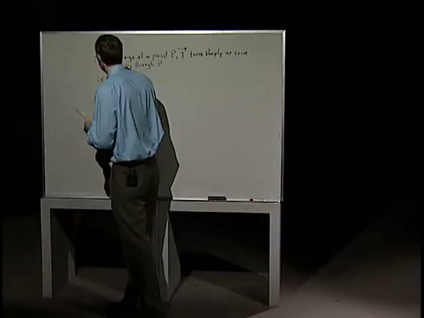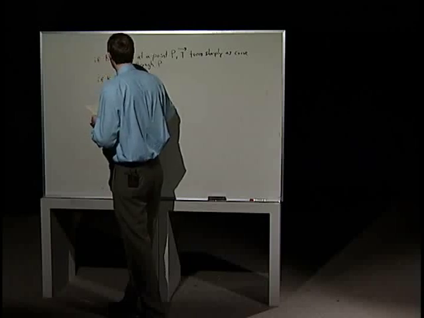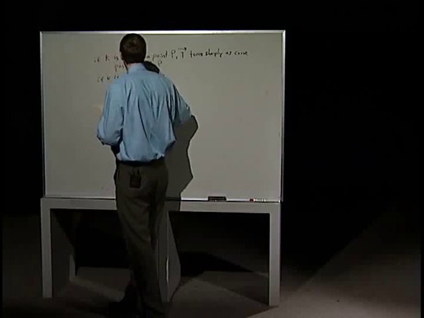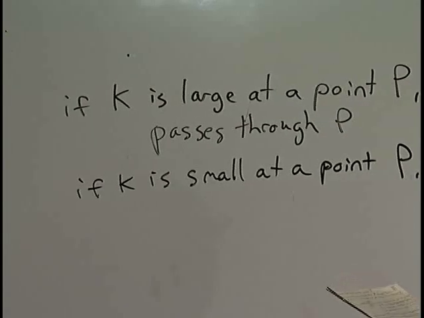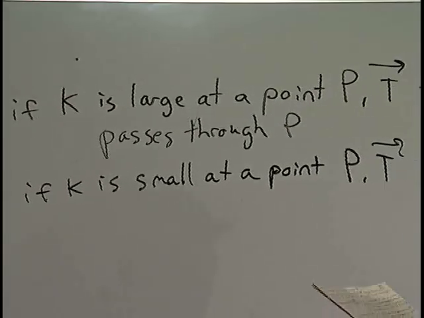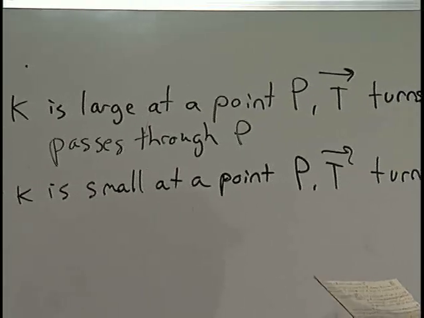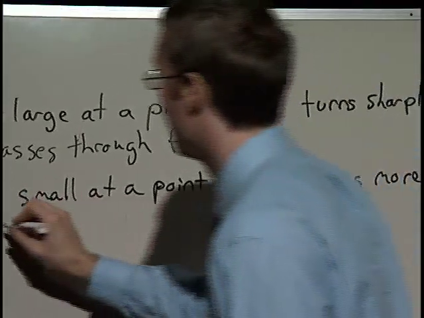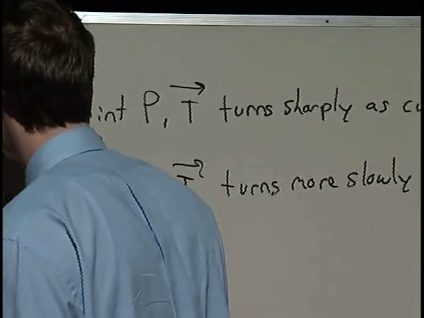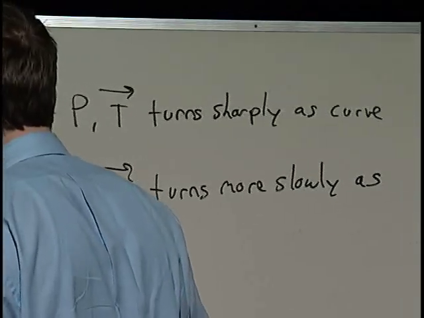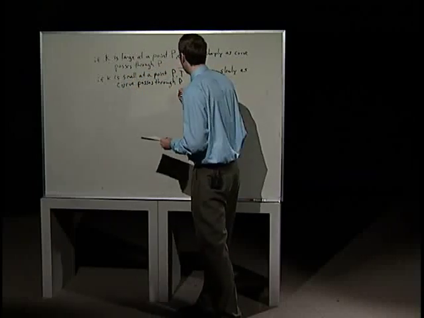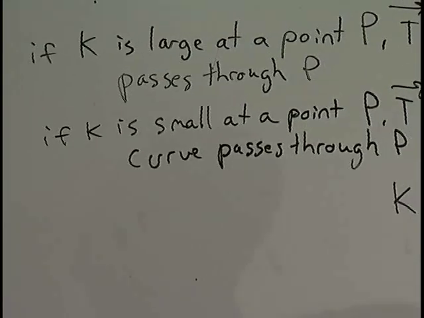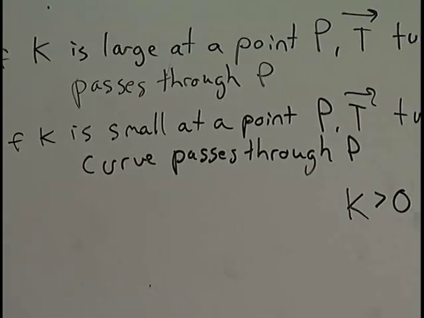And if K is small at a point P, then T is turning more slowly as the curve passes through P. Right? And remember that curvature is going to be greater than 0, unlike S. Right?